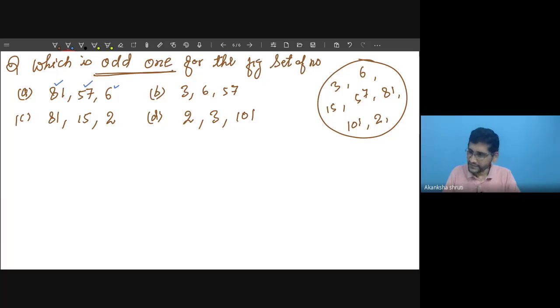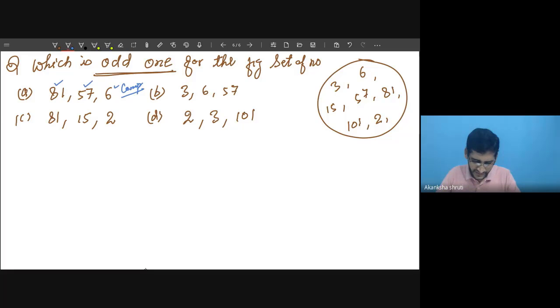Or maybe all are even, all odd, all composite, all prime, maybe twin primes. Here we are observing that 81 is composite, 57 is also composite, and 6 is also composite. So all are composite numbers.